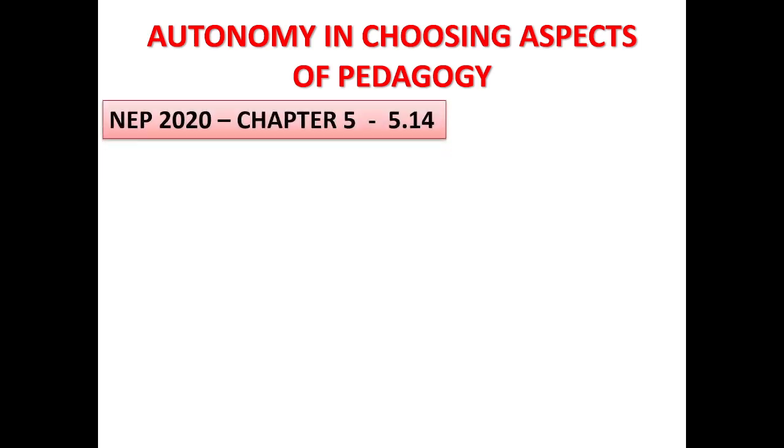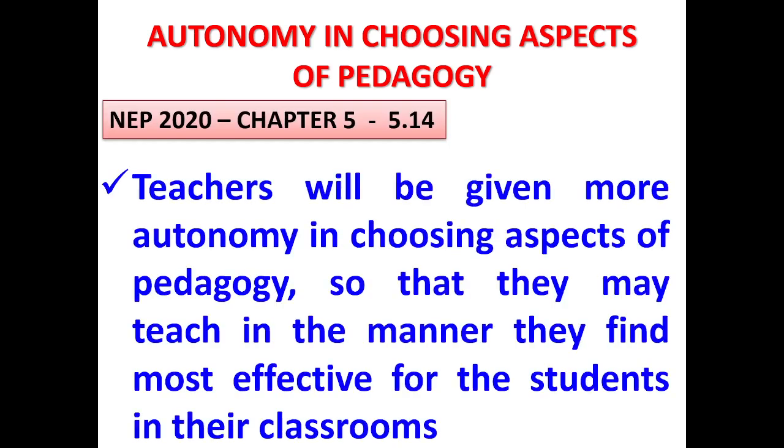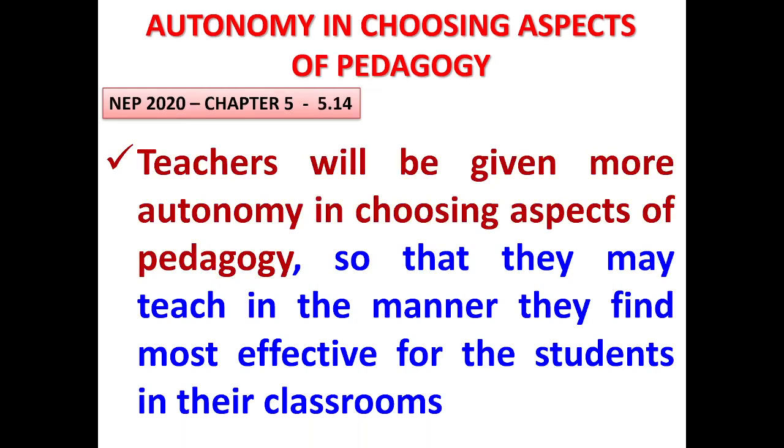In chapter 5, 5.14, it talks about autonomy in choosing aspects of pedagogy. Teachers will be given more autonomy in choosing aspects of pedagogy so that they may teach in the manner they find more effective for the students in their classroom.